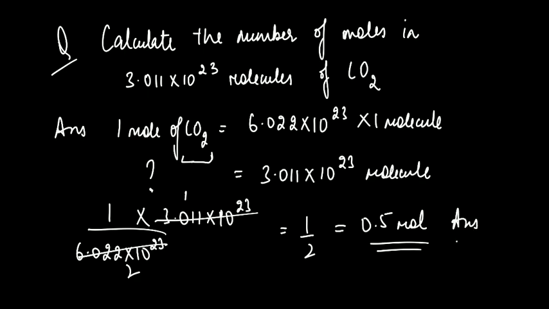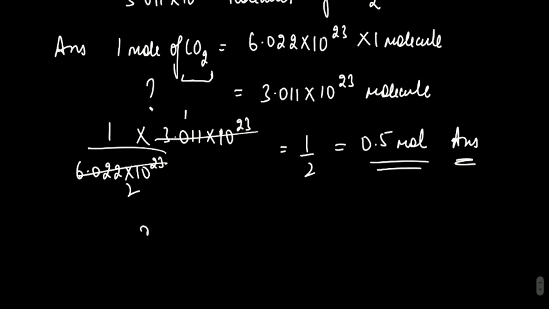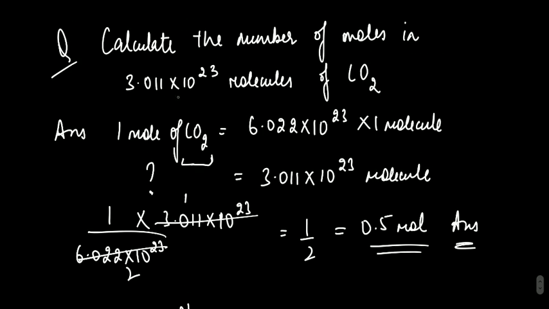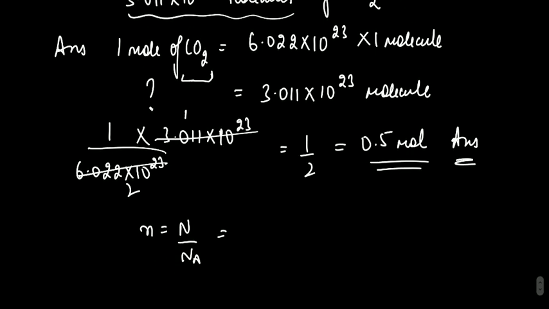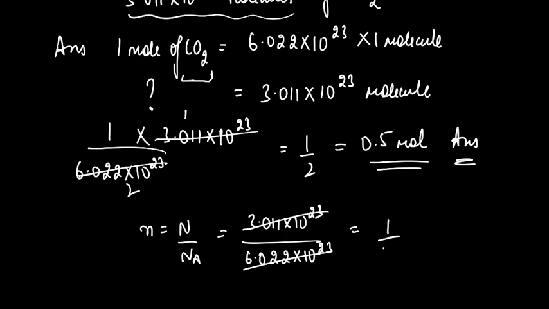That's your answer. So if we want to put it in the formula, number of moles is given number divided by Avogadro constant. They have already given us the number, these many molecules are present, divided by 6.022 into 10 to the power 23. Na stands for Avogadro constant. So again, if we cancel, this is half. Same number.